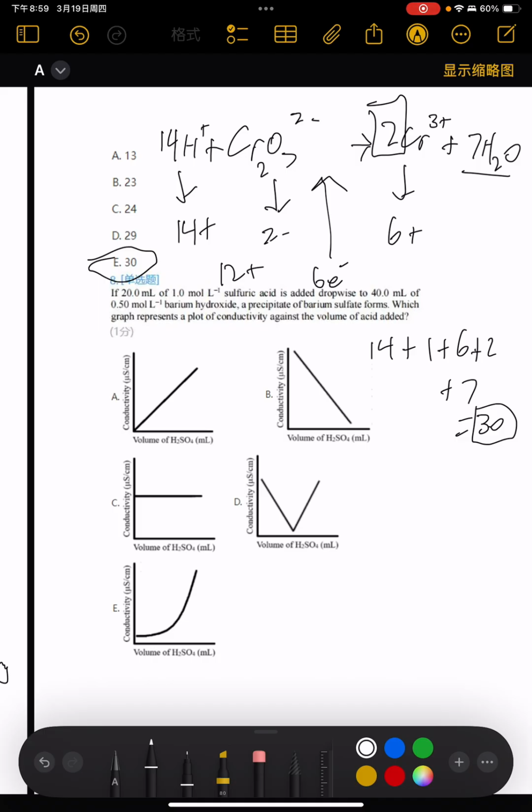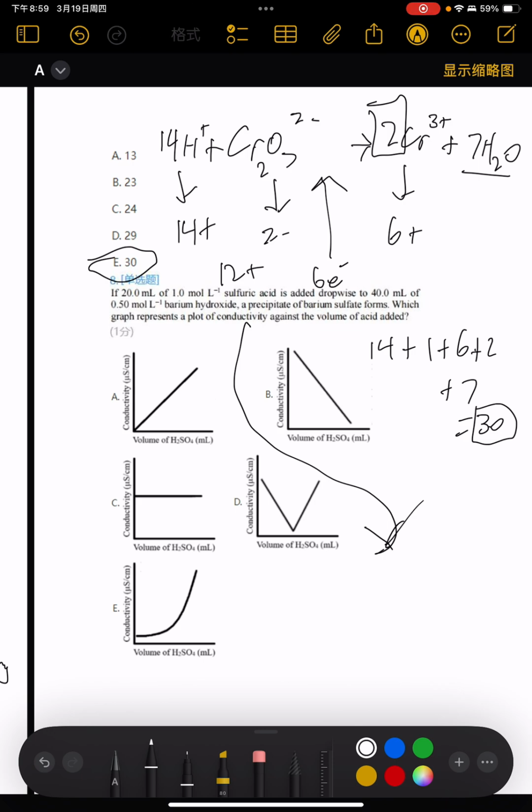Okay, next question. They told us that if 20 milliliters of 1.0 mole sulfuric acid is added dropwise to 40 milliliters of 0.5 mole per liter barium hydroxide, a precipitate of barium sulfate forms. Which graph represents a plot of conductivity against the volume? So the conductivity is the number of ions that's in the solution.